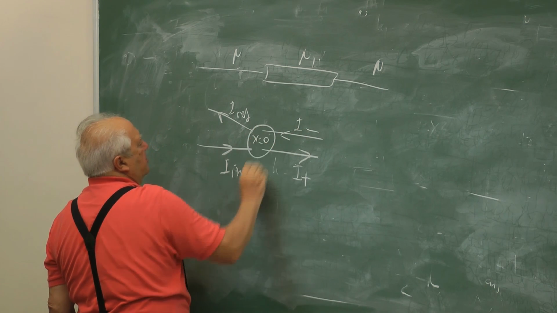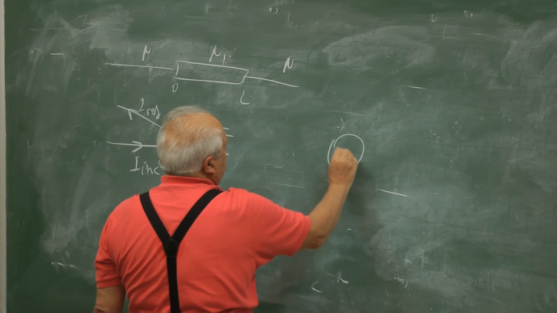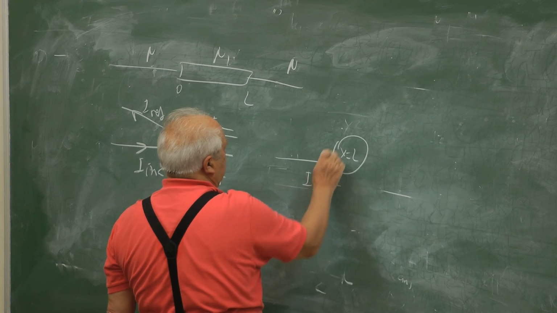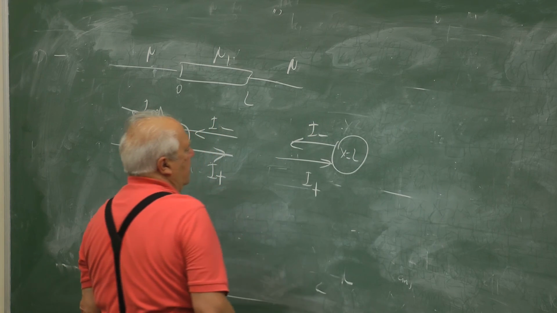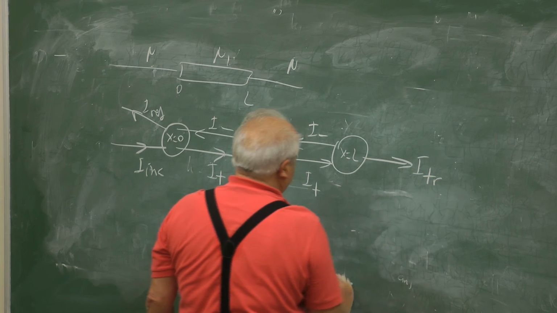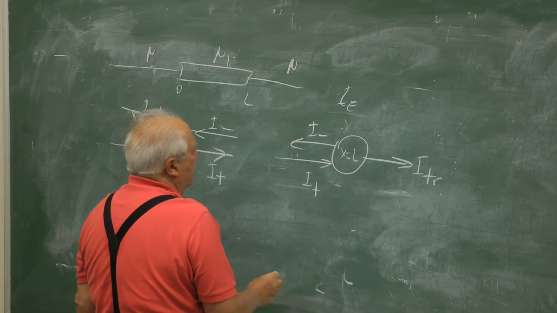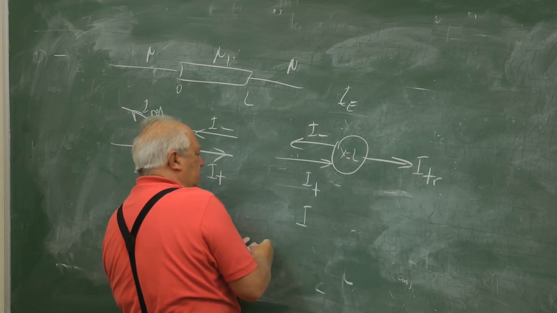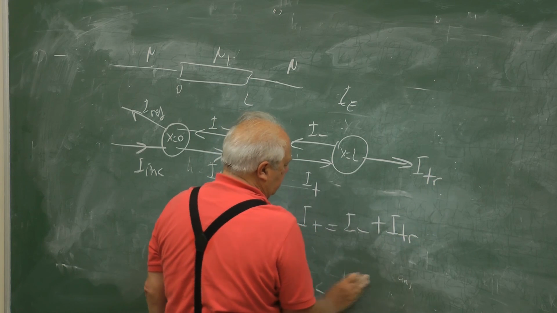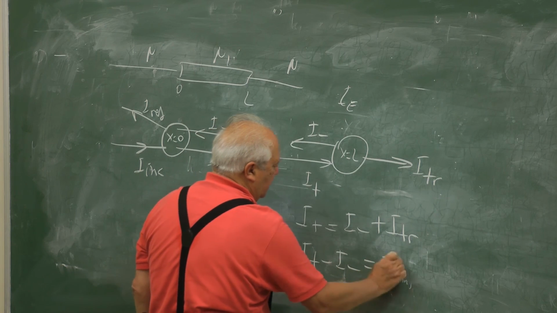This is x equals 0. This is 0 and L. Looked at from x equals L, I plus feeding it, the reflected wave at I minus, and then there's the transmitted wave. Clearly, these are all energy waves, okay? Energy currents. So I plus, what goes in equals what comes out. So I plus is equal to I minus plus I transmitted. Therefore, I plus minus I minus is I transmitted.